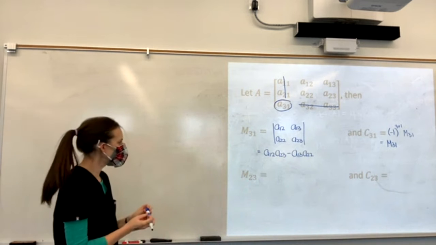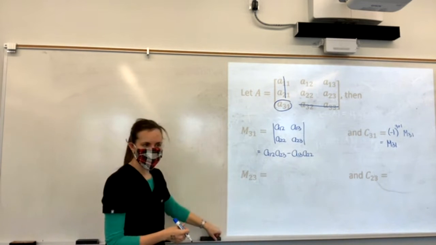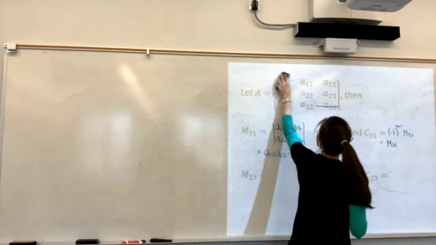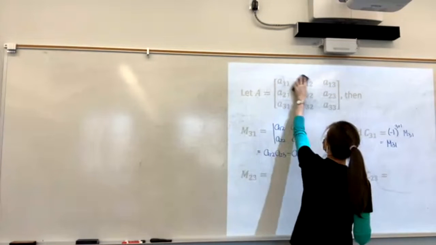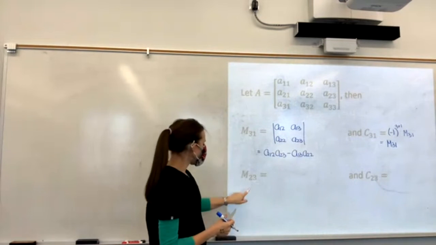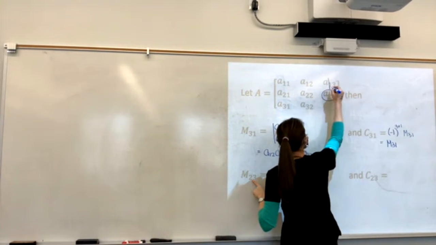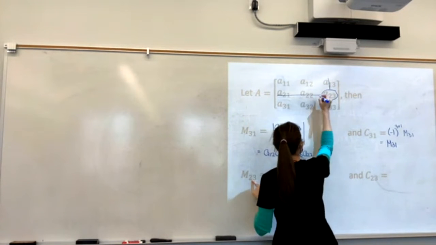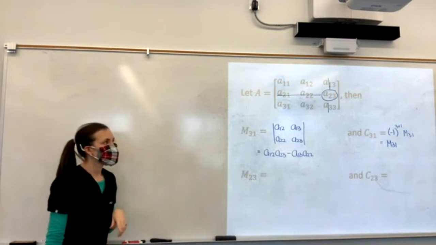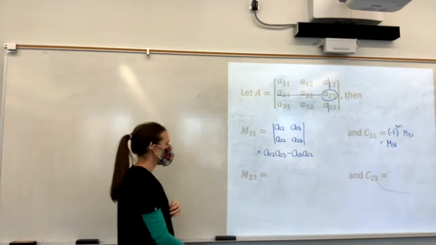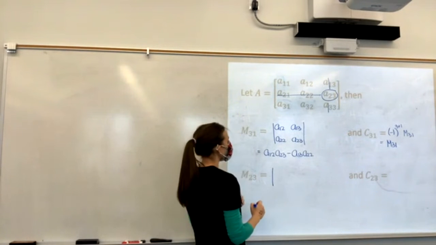Cool. Okay. All right, we're going to play the same game with M23. So for M23, we find the entry A23. So there's A23. We delete the row and column that contains that entry and take the determinant of what's left.